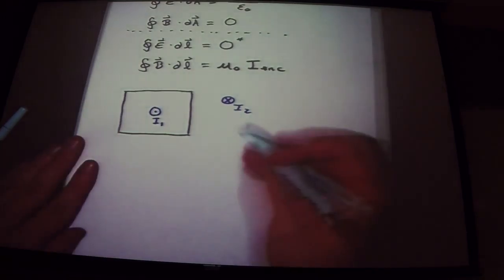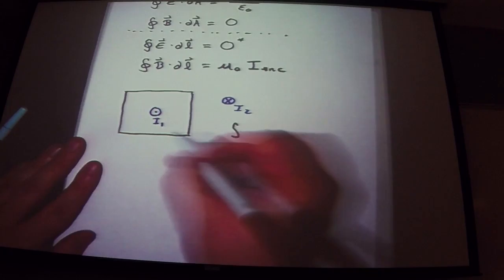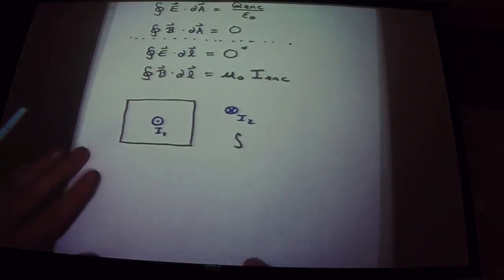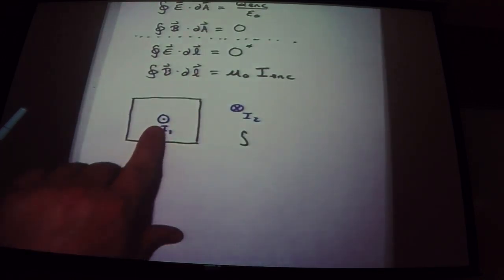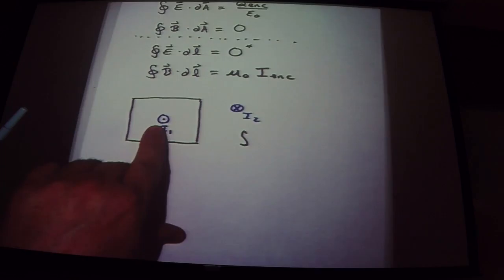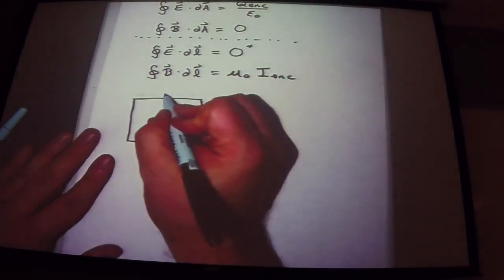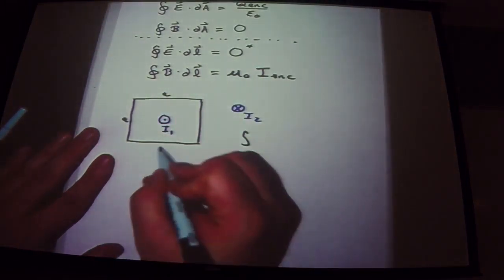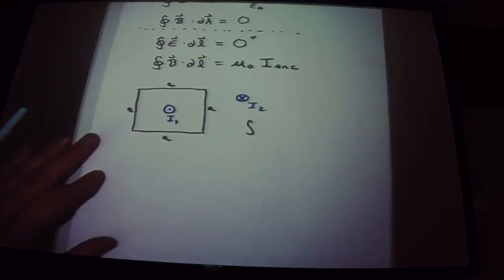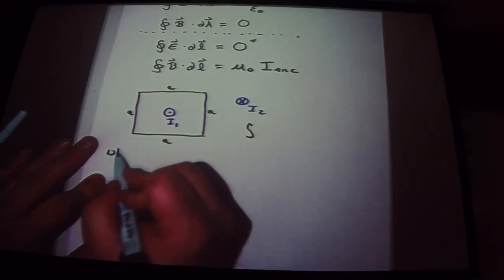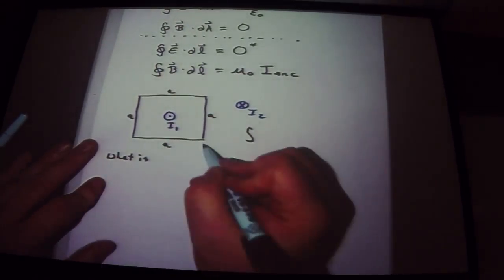Let's say that this is a square centered on I1, with each side having length A. And I'll put point A and point B here.